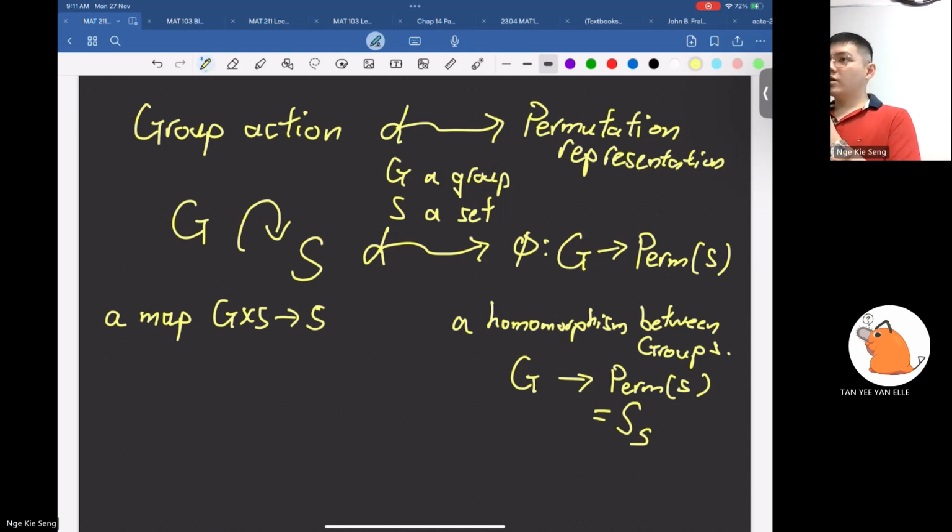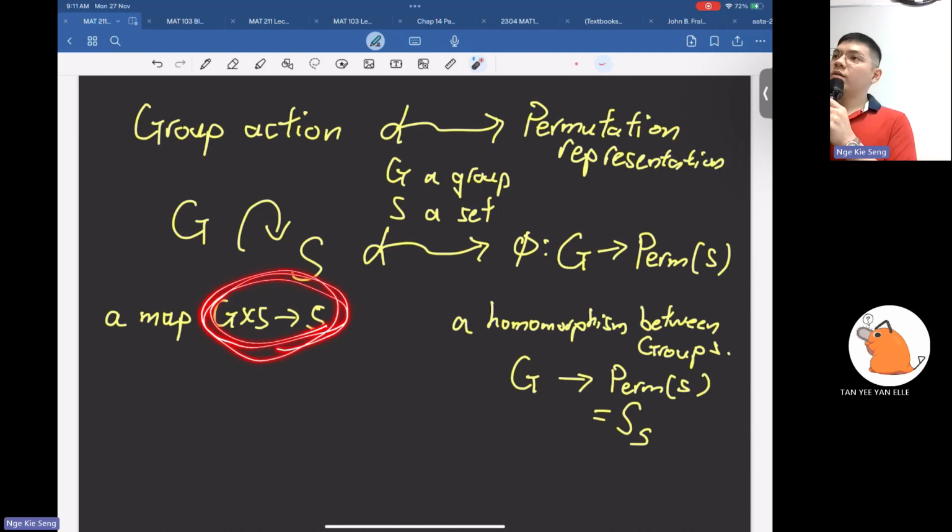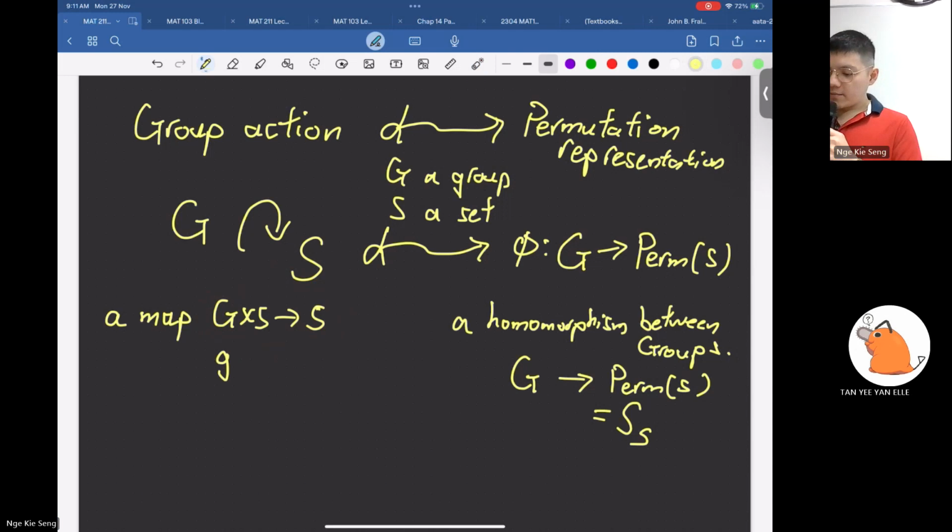So you have a group action on X. What does this mean? This means that I give you any G, I give you any S, and you produce me another S, which is just GS.